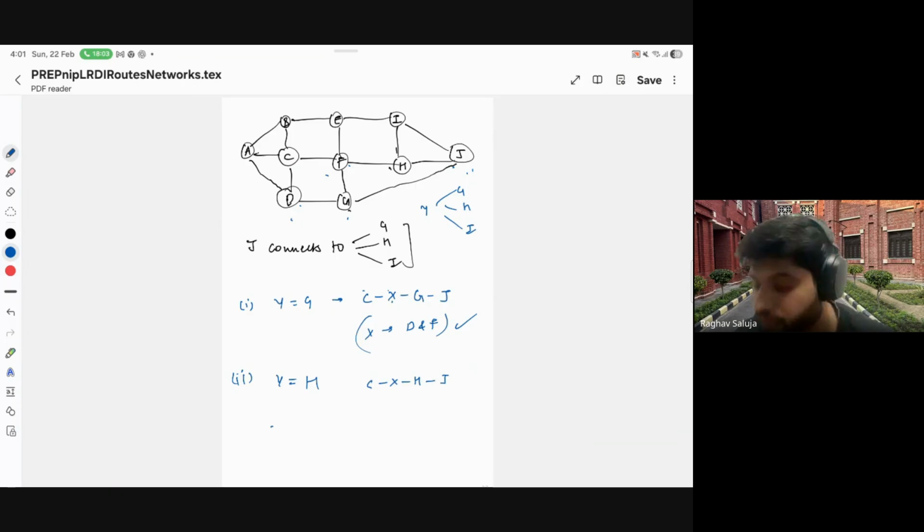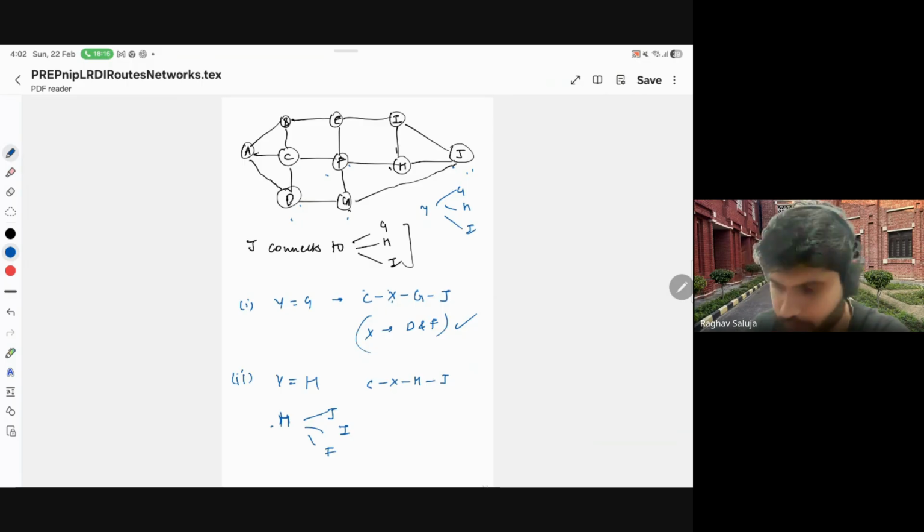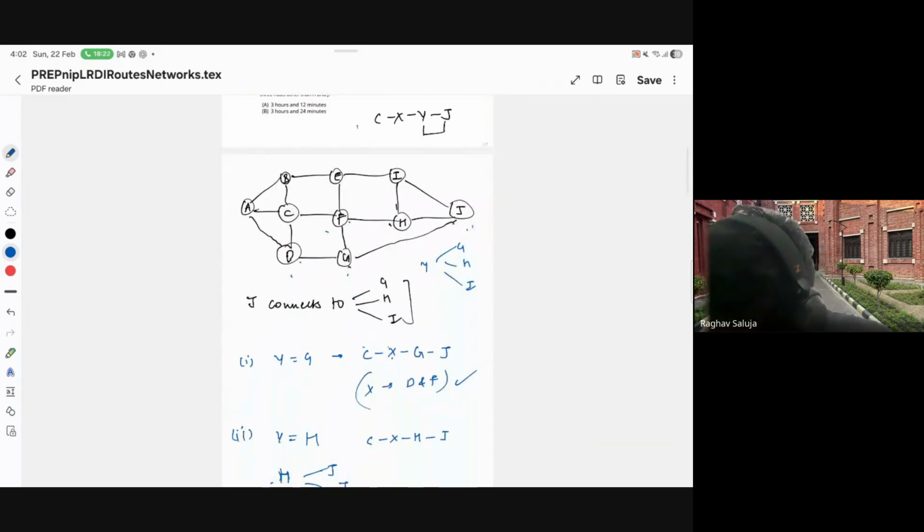What are neighbors of H now? Same process. The neighbors of H are J, I, F, and I missed the path here.